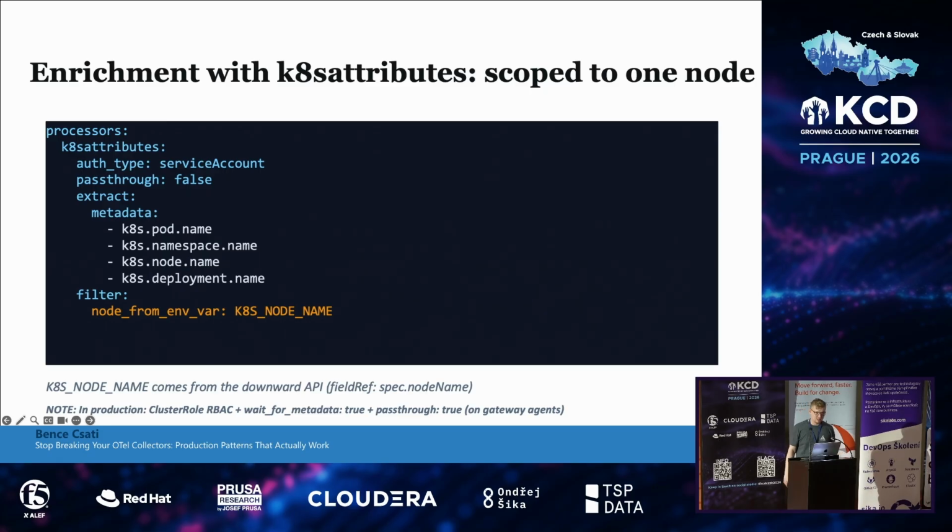You want to limit the collector's work to the node which it is working on. And you can do that with the missing piece, the node name env var, which comes from the downward API. It's on the pod spec. You should definitely set that one. In that way, your collector will only query from its own node and not everyone else's, so your Kubernetes attributes cache will not blow up.